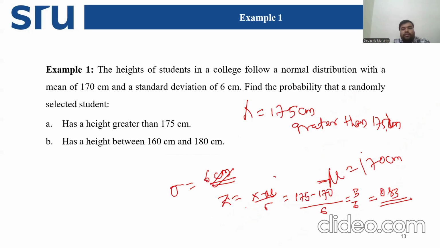Next, coming to the second question, a height between 160 and 180 centimeters. When you calculate this, you need to look first at 160 centimeters. That is the external value, because we need the height in between 160 and 180.